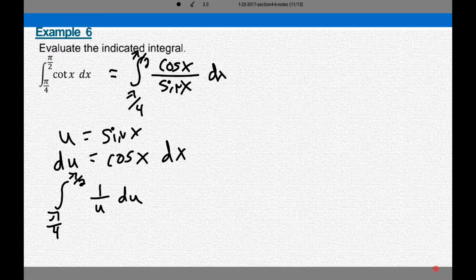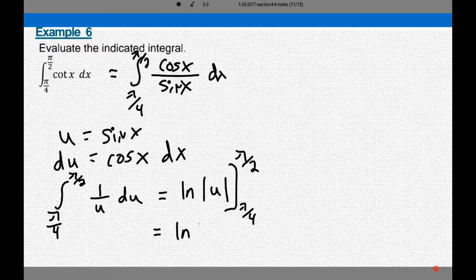So anytime you have a 1 over u du, or 1 over x dx, that is your natural log of the absolute value for your antiderivative. And here we're going from, again, pi over 4 to pi over 2. And we just have to put our sine of x back in for u now.